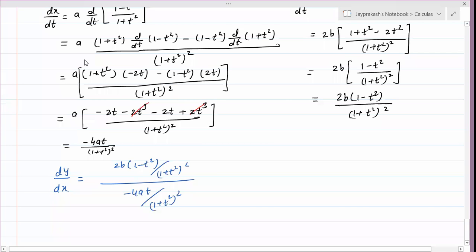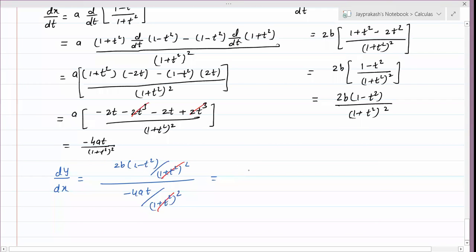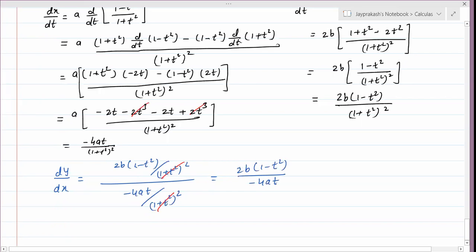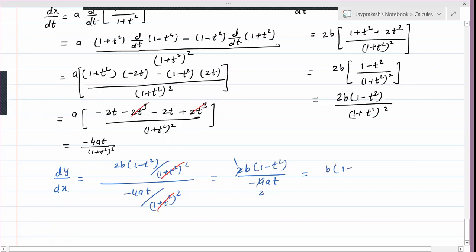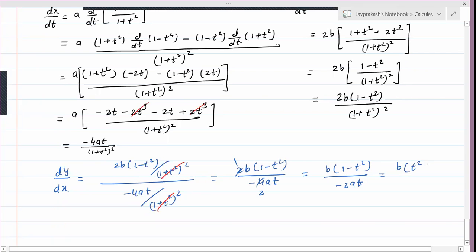So this denominator from both the sides will be cancelled out. So finally we have 2b (1 minus t square) upon minus 4at. So these two ones, two twos are. So b (1 minus t square) upon minus 2at. And if still you want to write in the standard form without the negative denominator, we will write here b (t square minus 1) upon 2at.